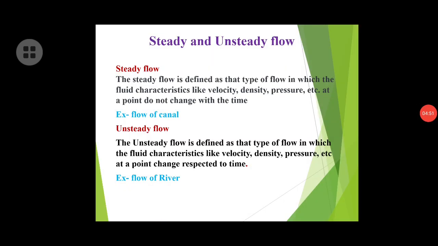Next, unsteady flow. It is the type of flow in which fluid characteristics like velocity, density, and pressure at a point change with respect to time.